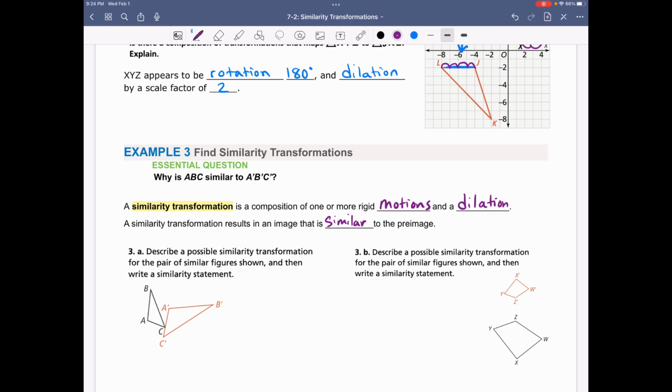All right, describe a possible similarity transformation for the pair of similar figures shown, and then write a similarity statement.